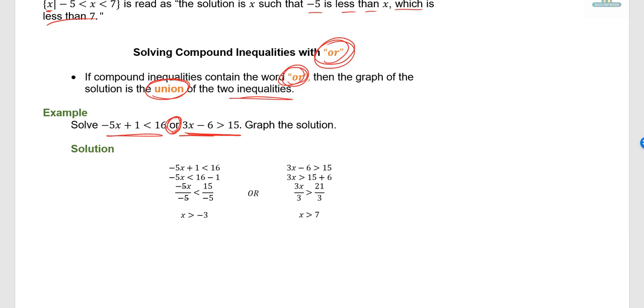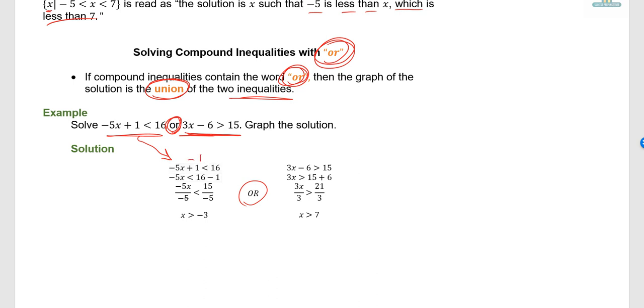Now, again, the way to approach this is to solve each of them separately, reducing each of them to an x greater than or less than something, and then find the union of both of them. So for the first expression, I have minus 5x plus 1 is less than 16. I get rid of the plus 1 on this side because I want to separate the x.